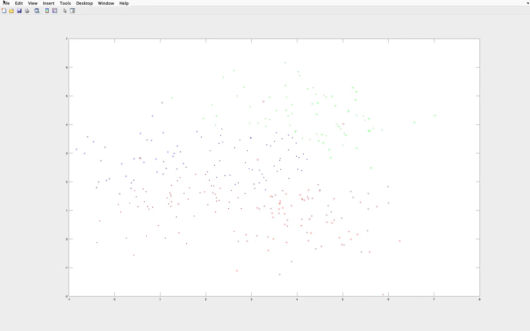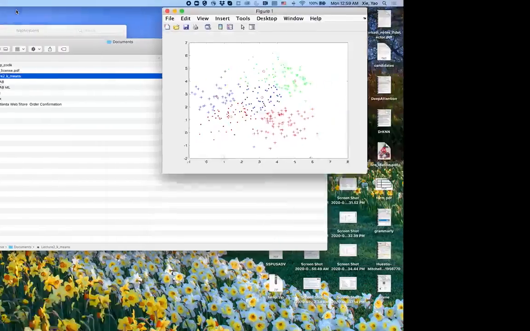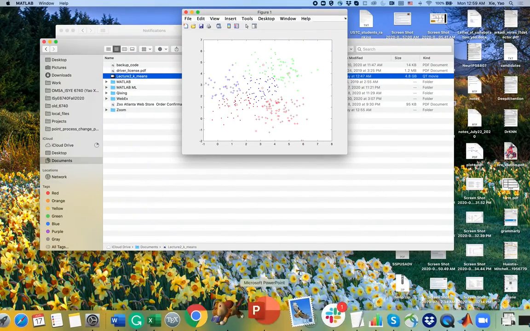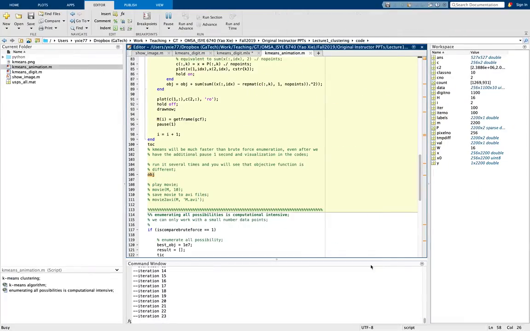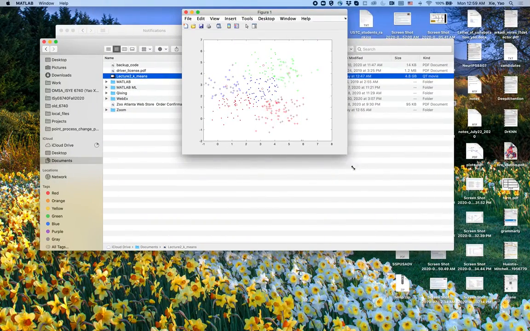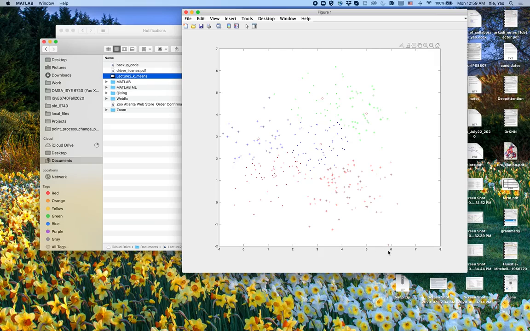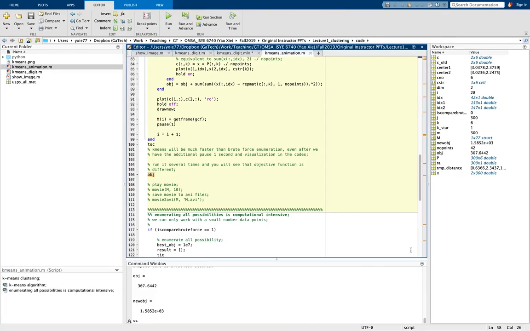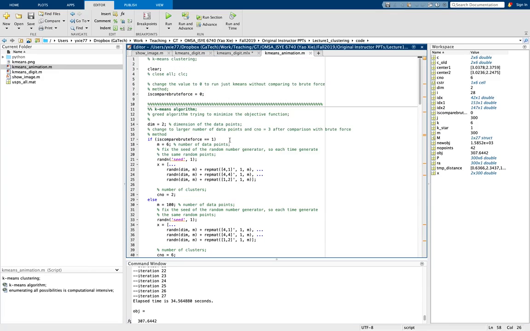It's going to converge after a few iterations. Let's check. Here, it's still running after 24 iterations, still making fine tunes. And finally it converged in 27 iterations.